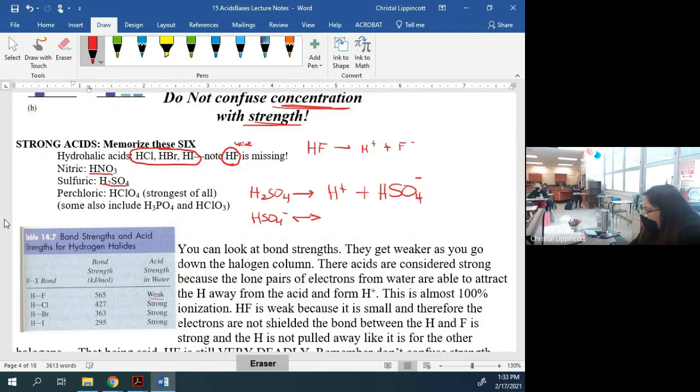So the first hydrogen from sulfuric is strong, but this one is a weak acid. So you'll get a plus here.